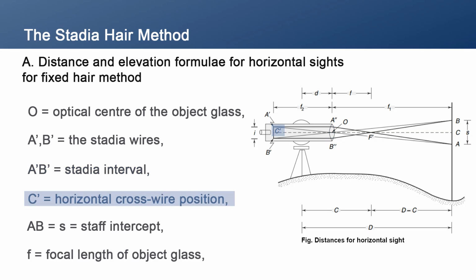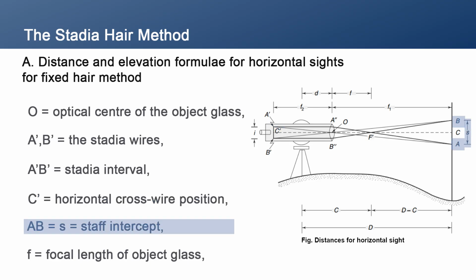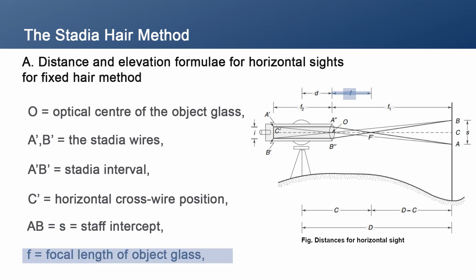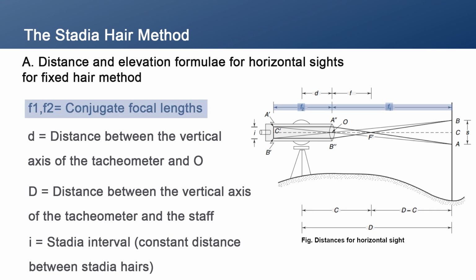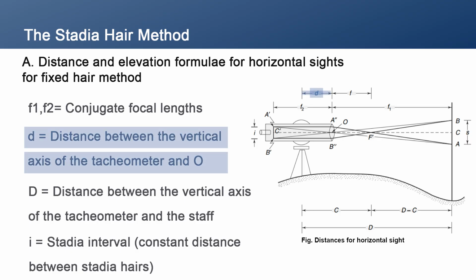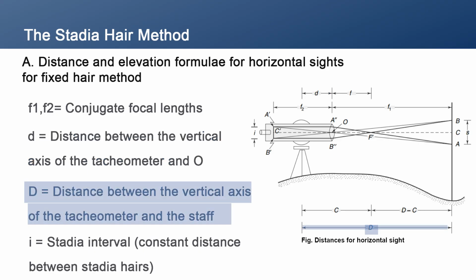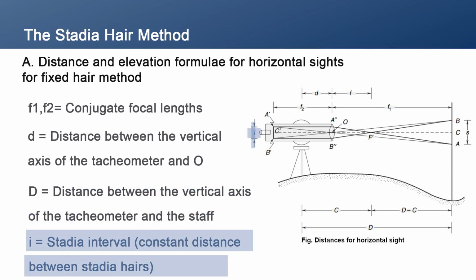The horizontal cross wire position is denoted as C' and AB represents the staff intercept labeled as S. The focal length of the object glass is f, with f1 and f2 being the conjugate focal lengths of the lens. The distance between the vertical axis of the tacheometer and the optical center is d, and capital D is the distance between the tacheometer and the staff, and i is the stadia interval.